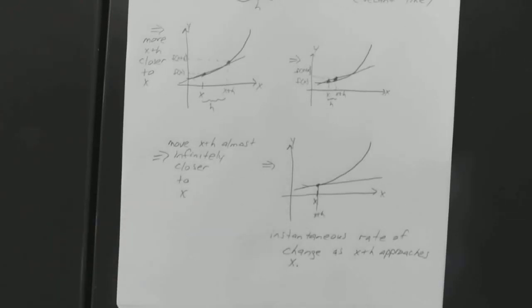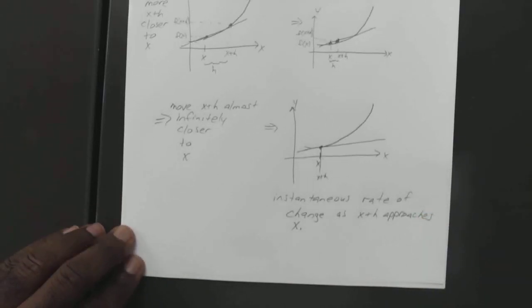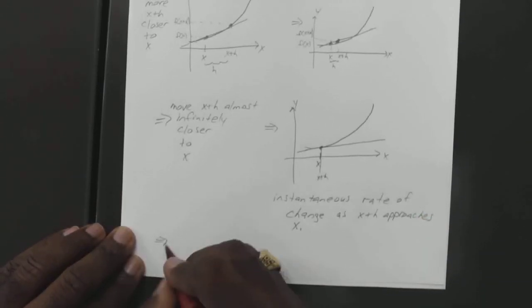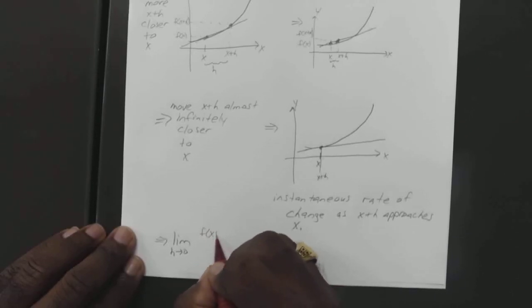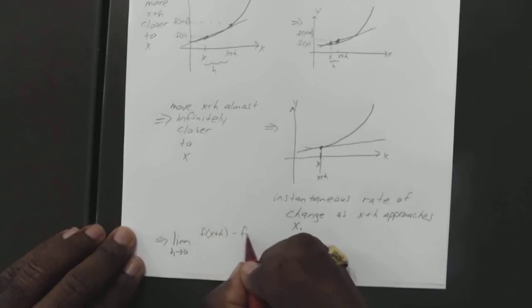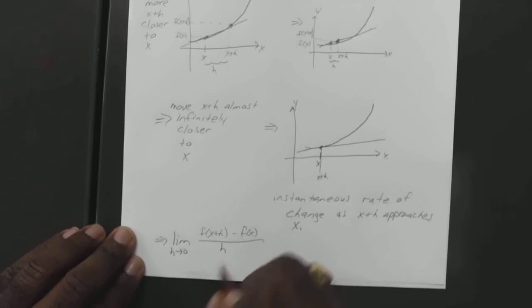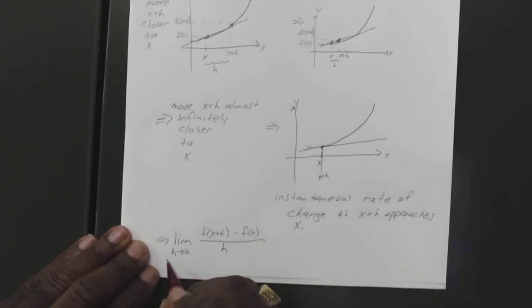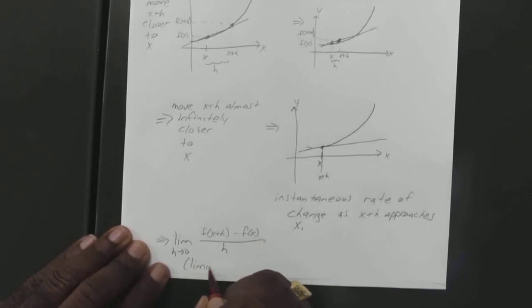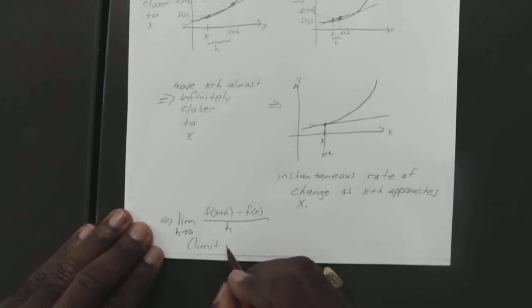Okay, so let me leave that up there for a second. Actually, I should have a little bit of room to write that. Okay, so you have the limit as h approaches 0 of f of x plus h minus f of x, all over h. And that's your limit definition of a derivative.